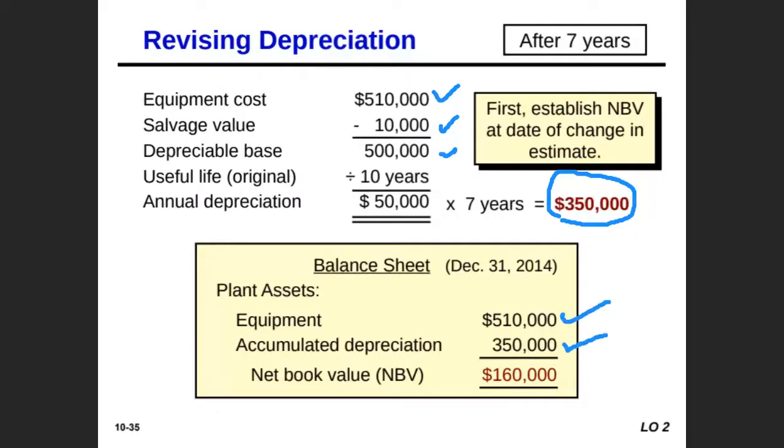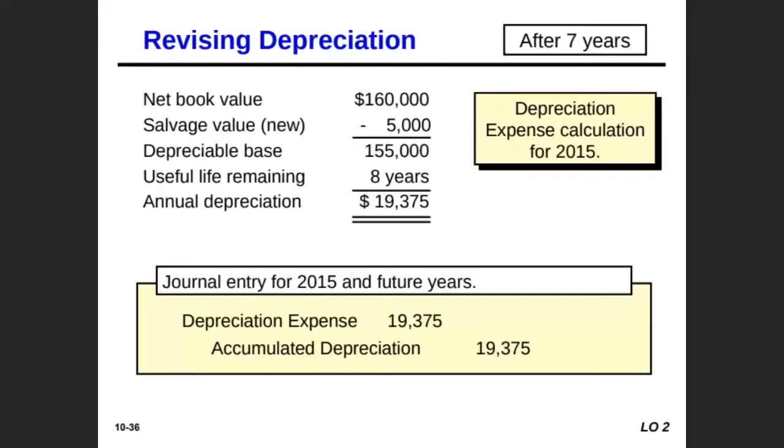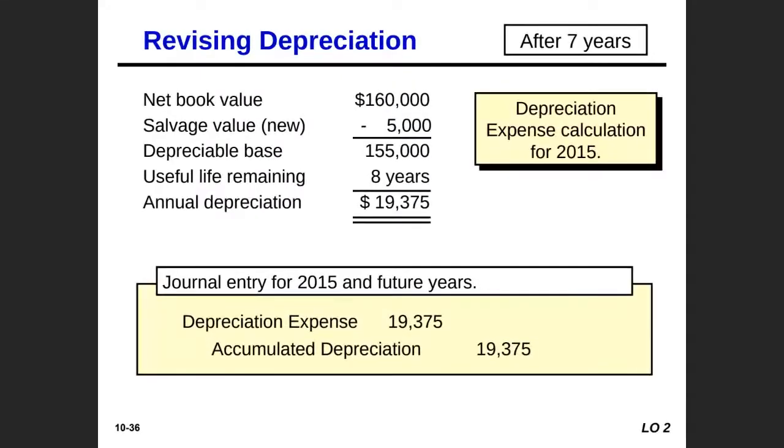So this is your net book value. We already discussed it. This is what is shown on your balance sheet after 7 years. Next year, from 2015, when you are going to revise that depreciation, what will be the revision? 160 after 7 years. This was before. Now this is after 7 years are done.